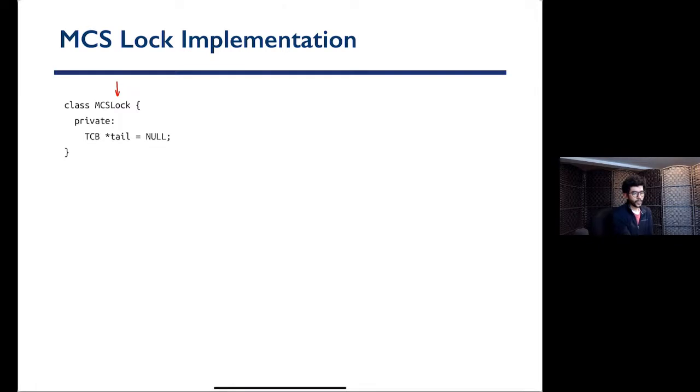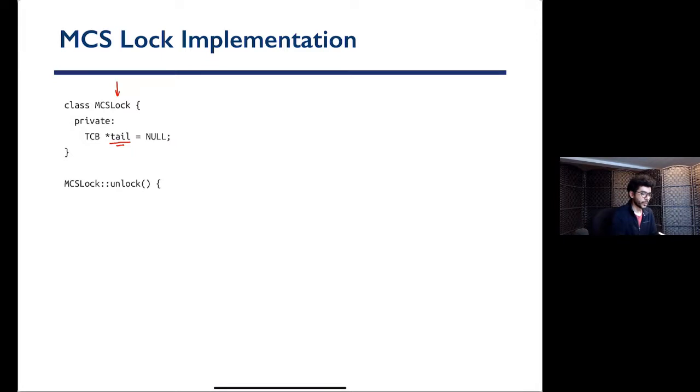Now, we're going to create this pointer, which is the tail. And this is how we're going to maintain a list of waiting tasks. I've got a question. I will answer the question once I'm done with the implementation. So how are we going to do it? So let's implement the unlock.